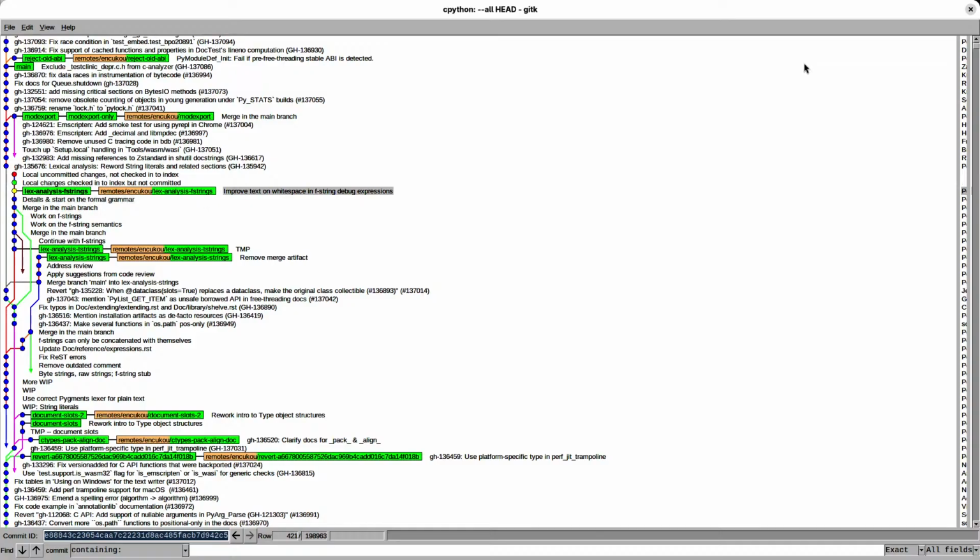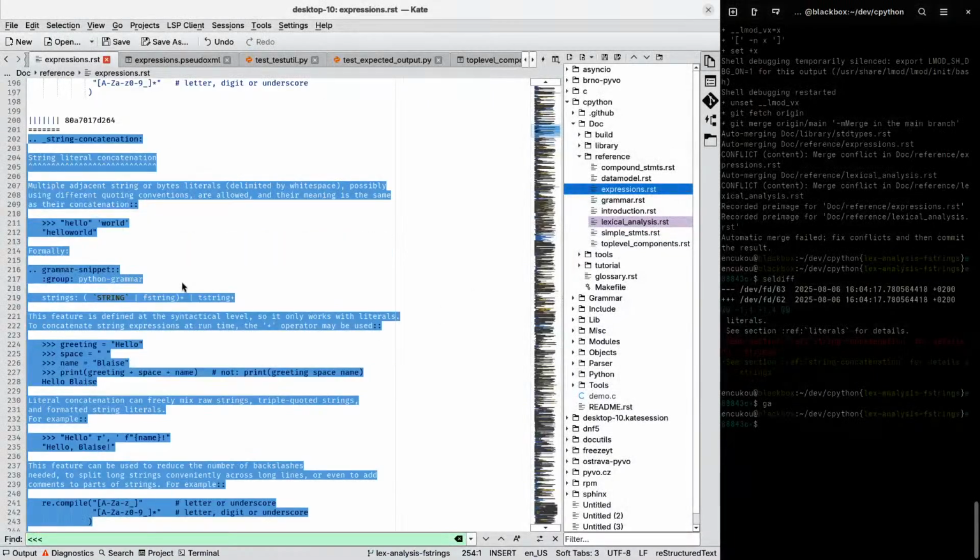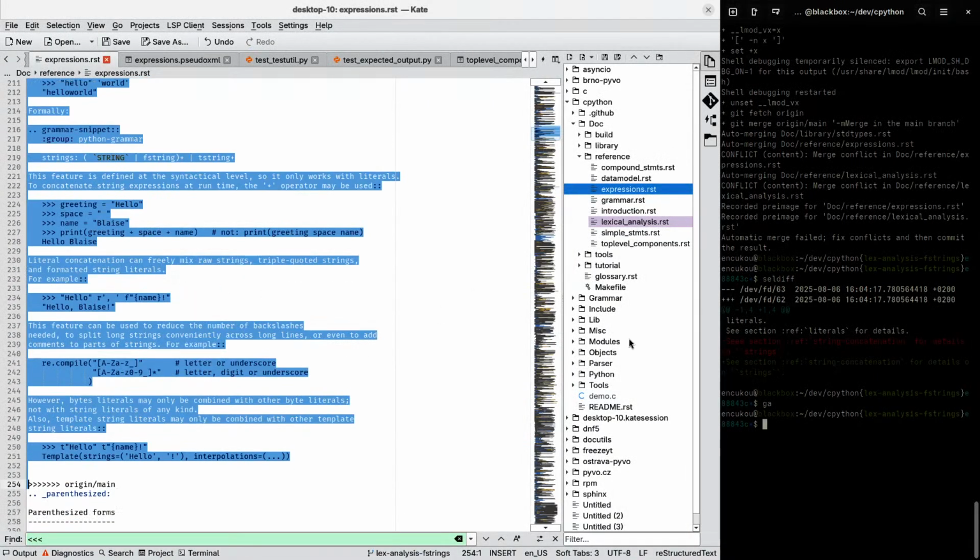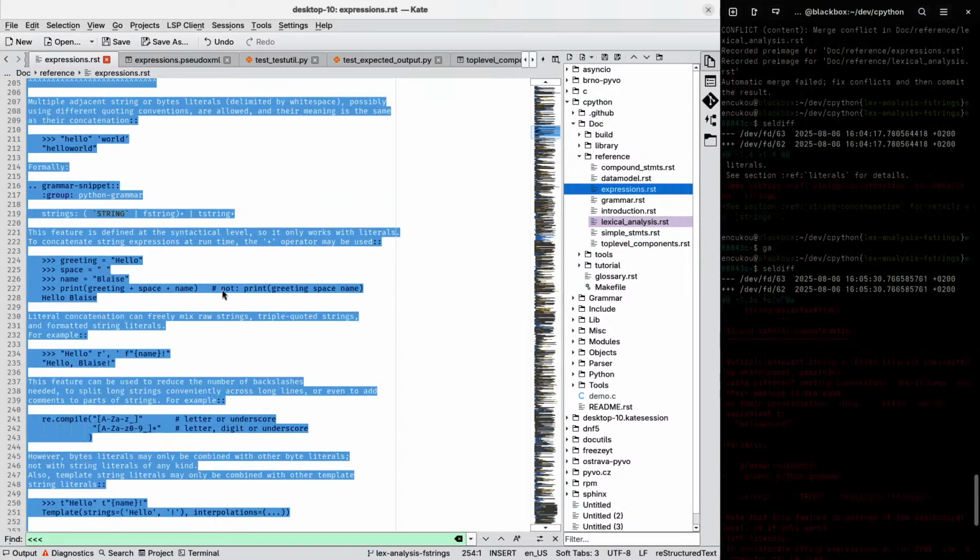We're at that yellow one there. It looks like this change was already made, and even improved on.